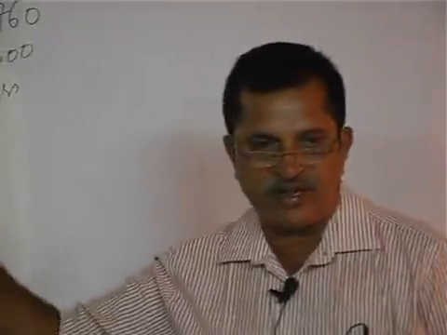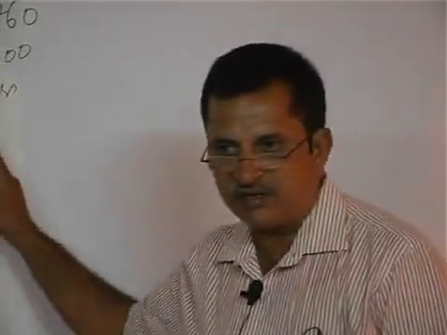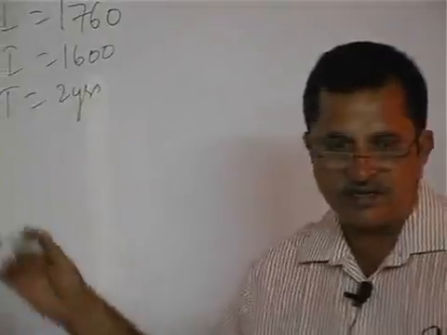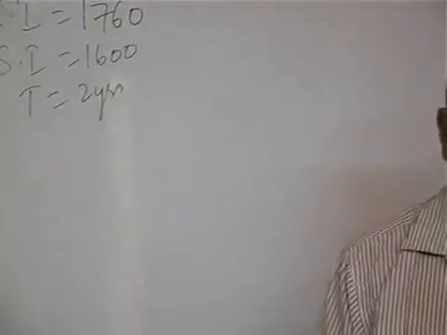The compound interest on a certain sum for 2 years is rupees 1760 and the simple interest is rupees 1600 for 2 years. Find the principal. From this data, what is the connectivity?